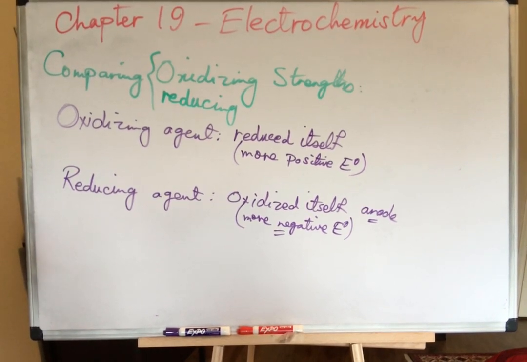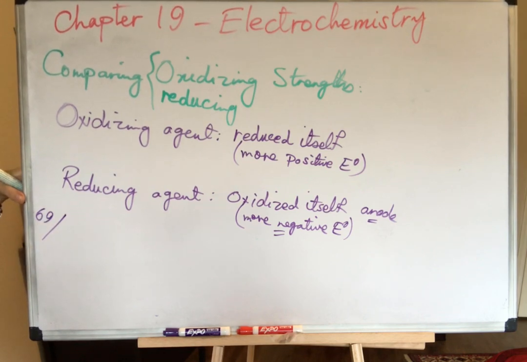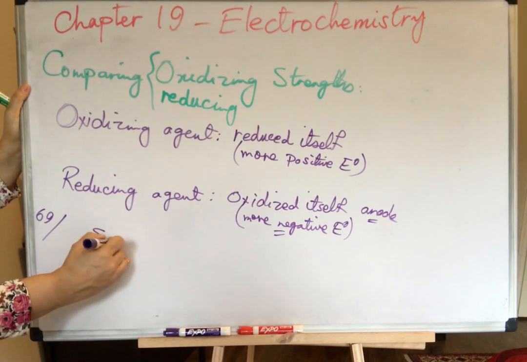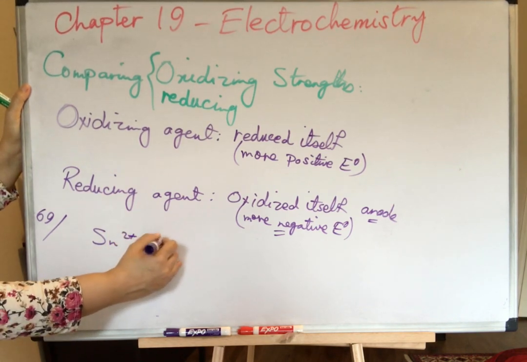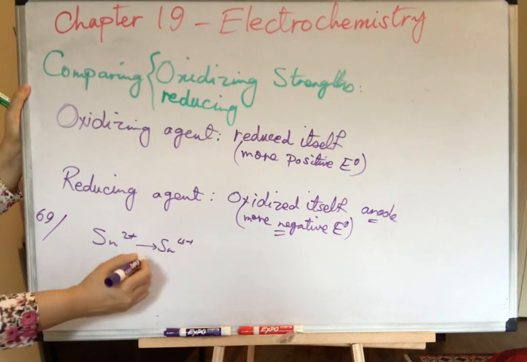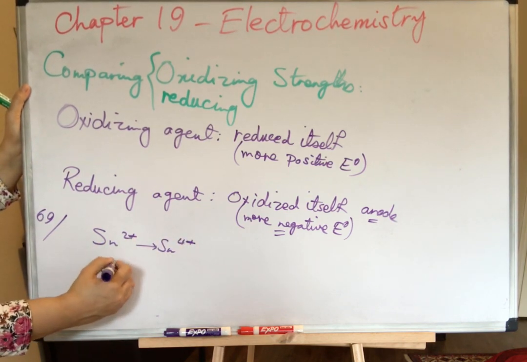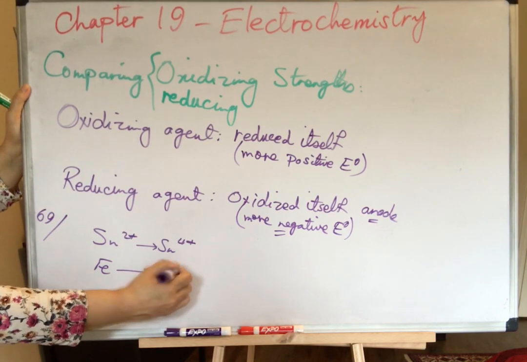You have an example on slide number 69 about it. The question is asking, which is a stronger reducing agent under standard conditions? Sn2+ to Sn4+ or Fe to Fe2+.